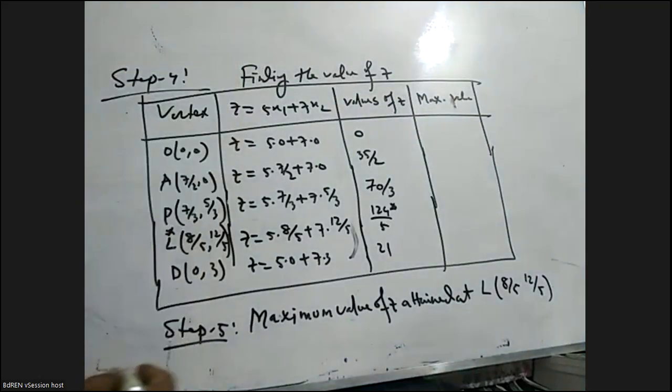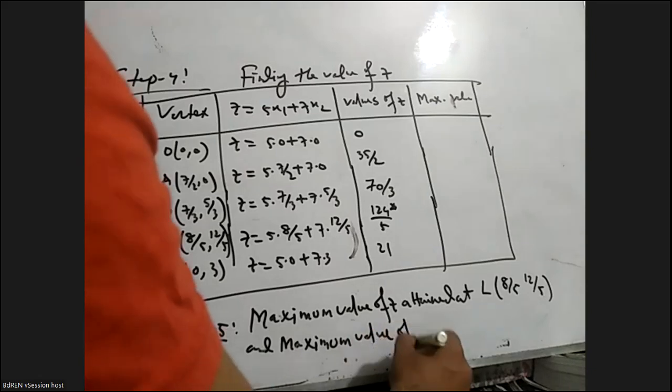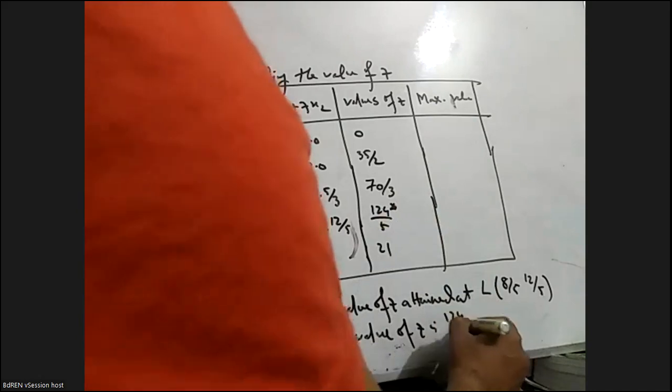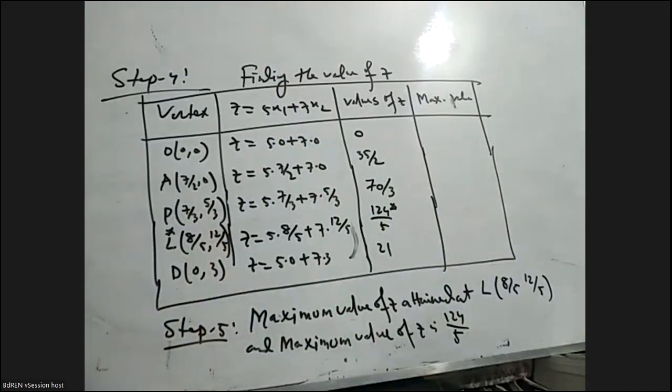And the maximum value of Z is what? 124 by 5. Now step 6.